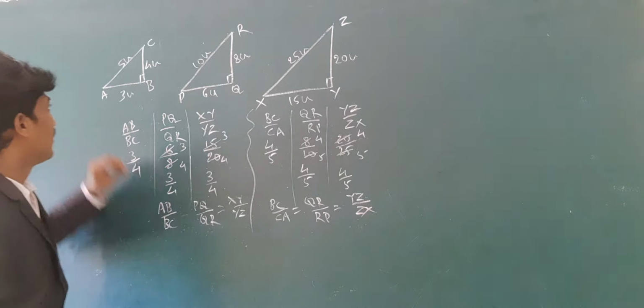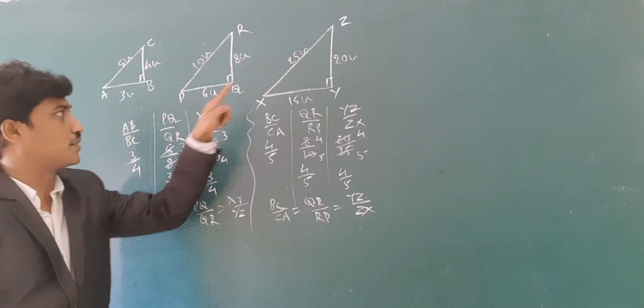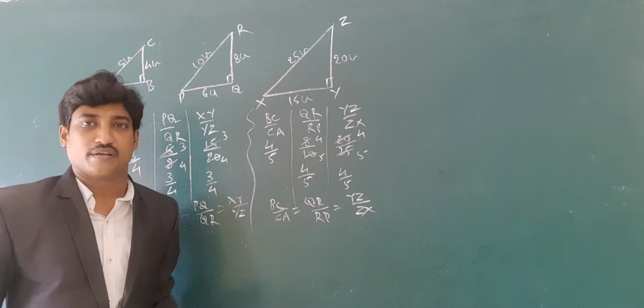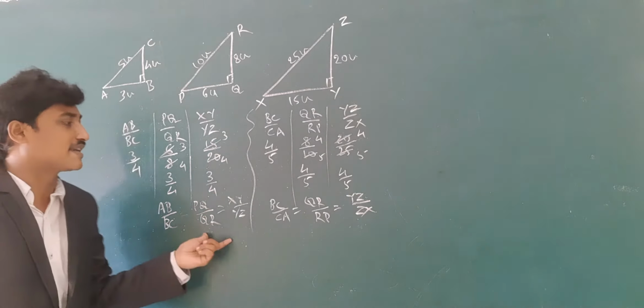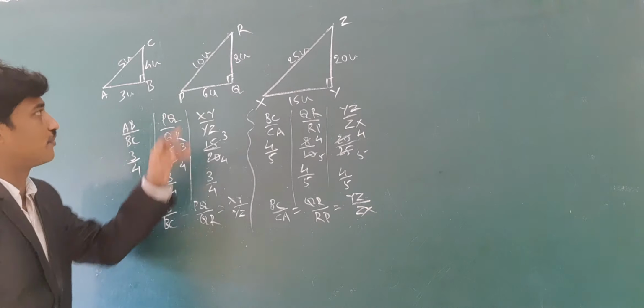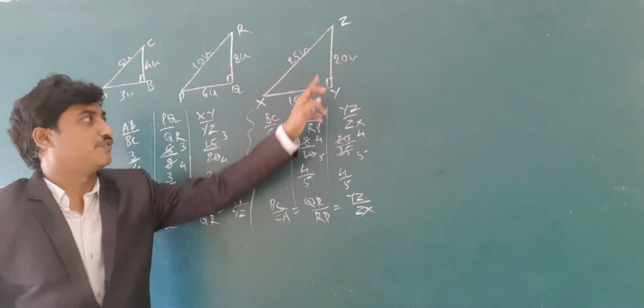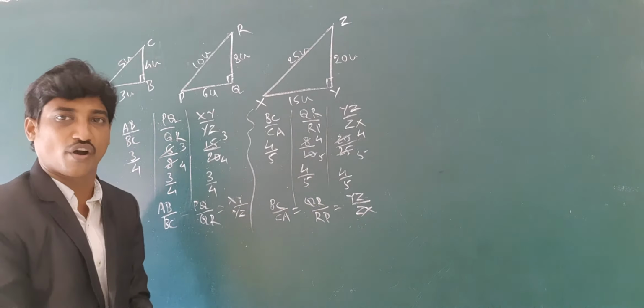On the other hand, if you take CA by AB, RP by PQ, ZX by XY, that is also constant. So here corresponding sides are in the same ratio. These two sides ratio 3 by 4, and these two sides ratio 4 by 5, constant.